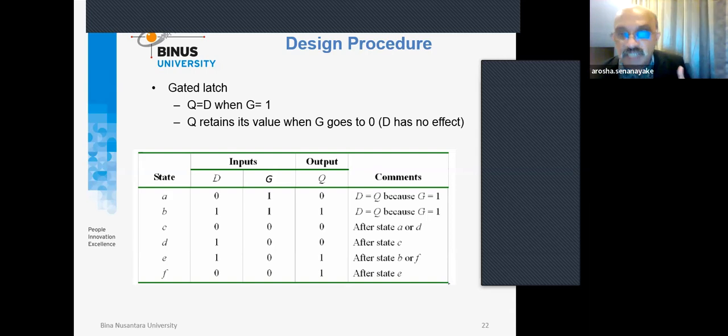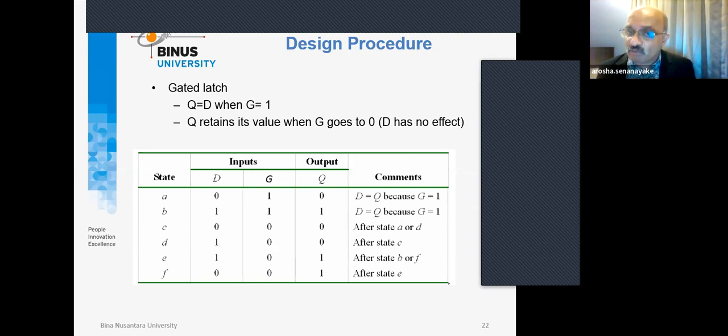So input D is automatically reflected in the output. It is a kind of delay circuit. Later we have to change D, and G was 1. So when G is 0, what is going to happen? That's what we have to see.